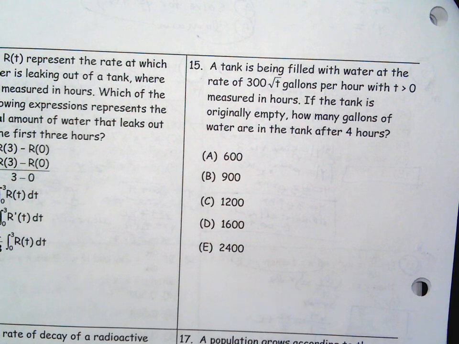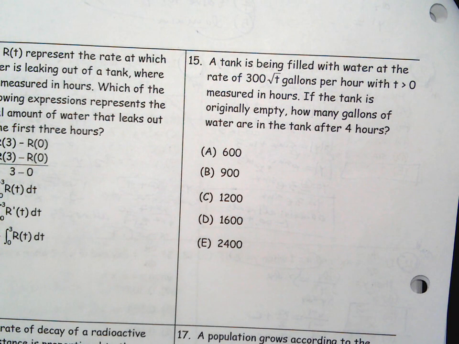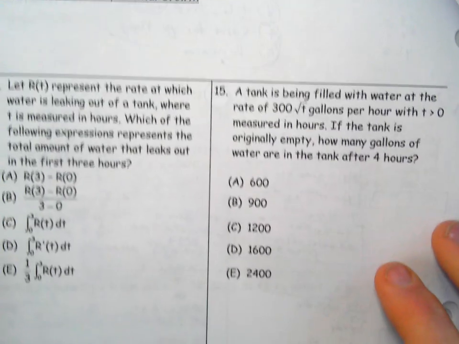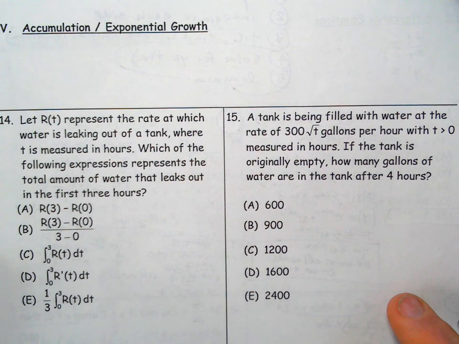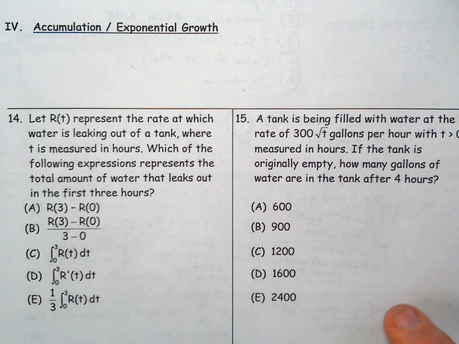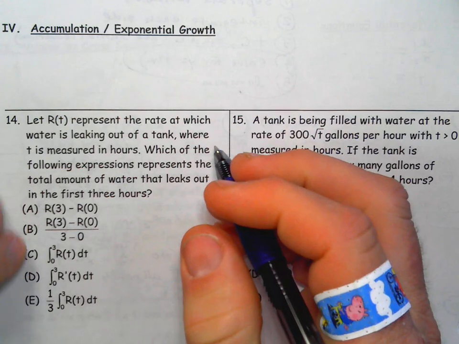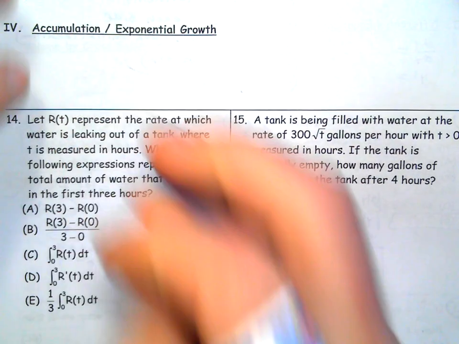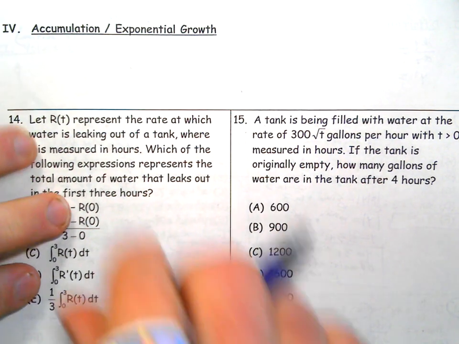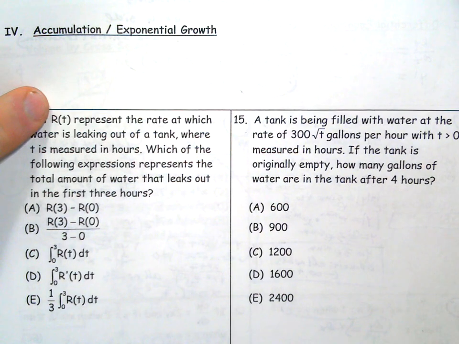I think I'm just going to do the notes on this page, and then you guys can try the problems. But this is accumulation, exponential growth. This was the last stuff that we learned a few weeks ago.